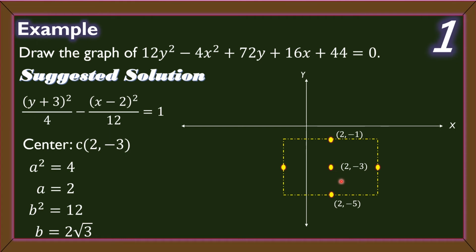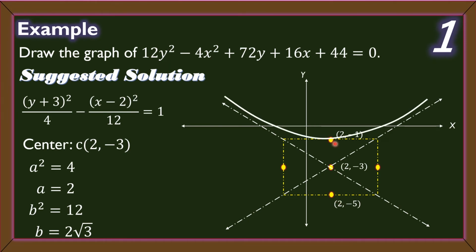Then we're going to draw the imaginary rectangle to locate the asymptotes of this hyperbola. And then we will draw the branches of the hyperbola, one that is opening upwards and the other that is opening downwards.